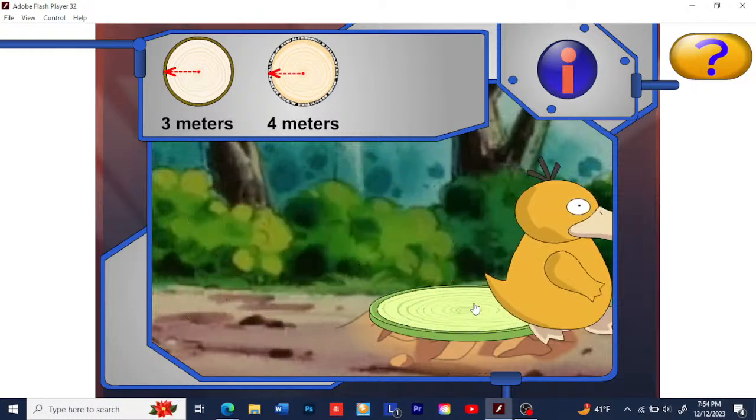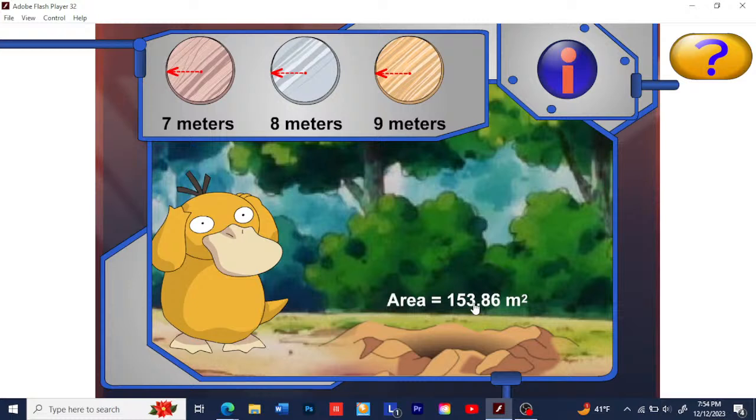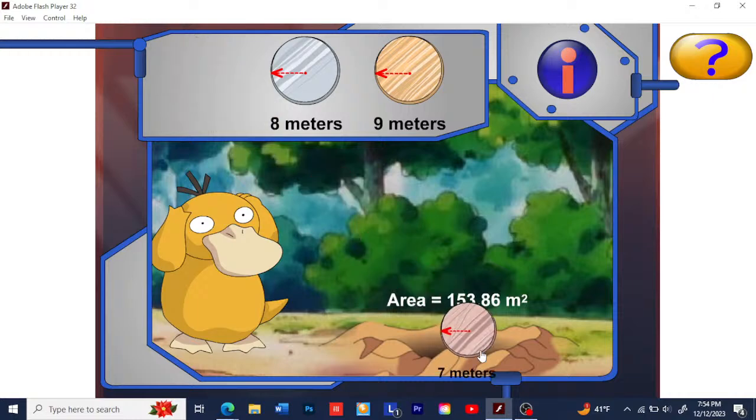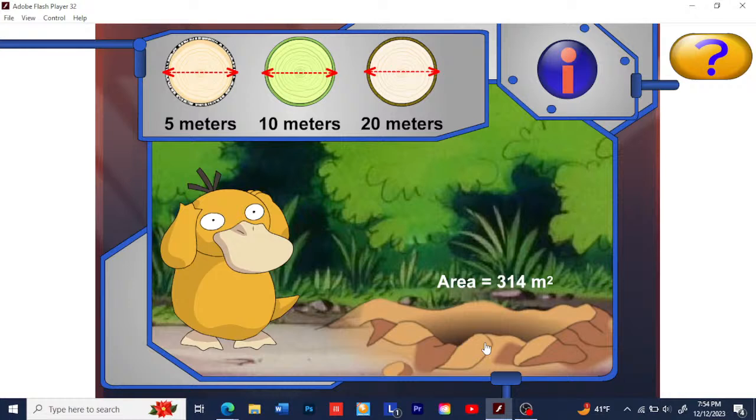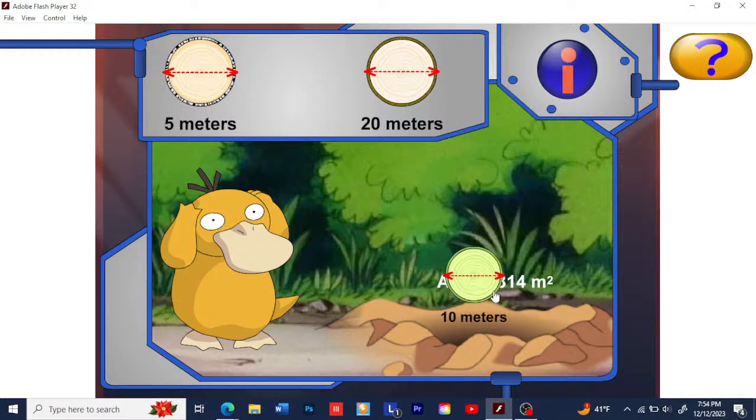Excellent! Here are more holes to fill. Excellent! Help Psyduck! Fill these holes with more circles.